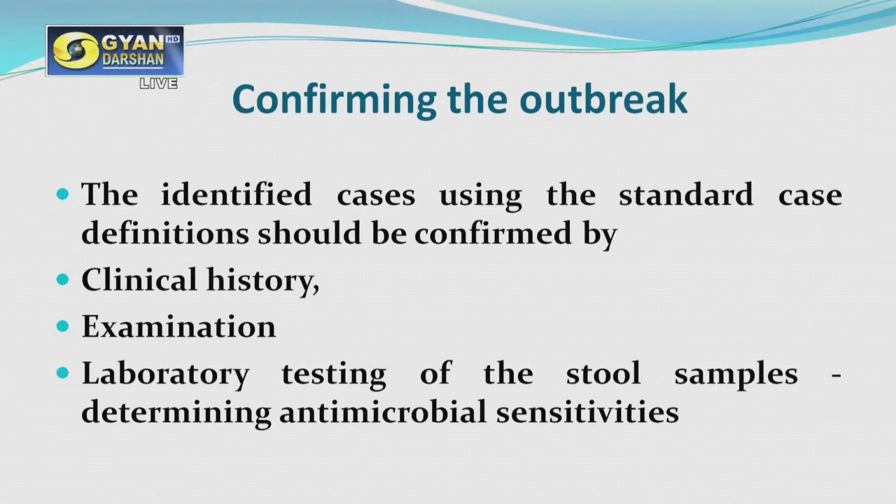Suppose in case of dehydration, the patient has dry mouth, dry lips, and when you check skin integrity, the skin you hold does not go back easily. So these are the signs of dryness.